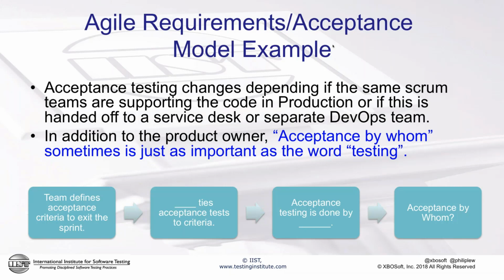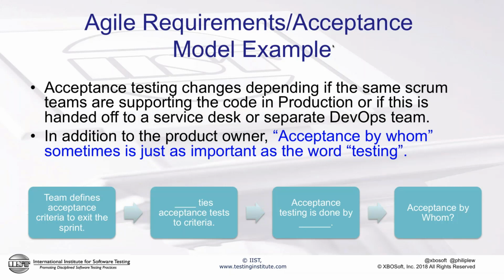The next blank is, acceptance testing is done by blank. And so who is the acceptance testing done by? And sometimes that leads to acceptable by who. I think the phrase acceptable by who is really important. That leads on to the next slide.